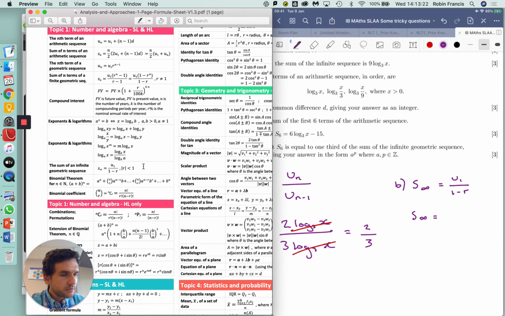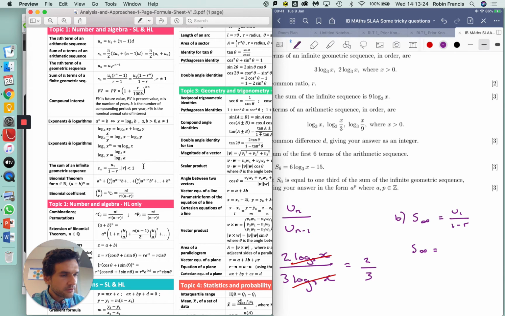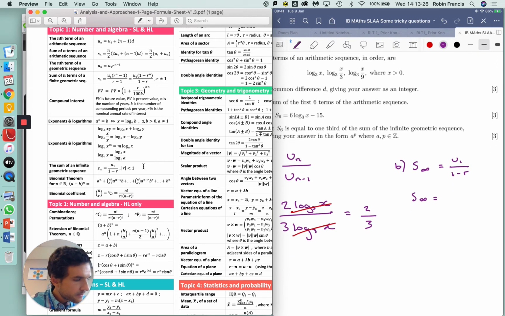Now if I go back up to u1, that should be 3 log base 3 of x, divided by 1 minus my common ratio, which I just found out, 2/3. So my sum to infinity is equal to 3 log base 3 of x divided by a third.